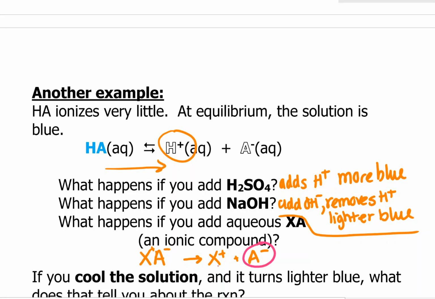The X does nothing, and the reason it does nothing is because X is not in this reaction at all, but the A is. And so adding this compound has the effect of increasing the amount of A, which will shift equilibrium to the left, which would mean it will be more blue.